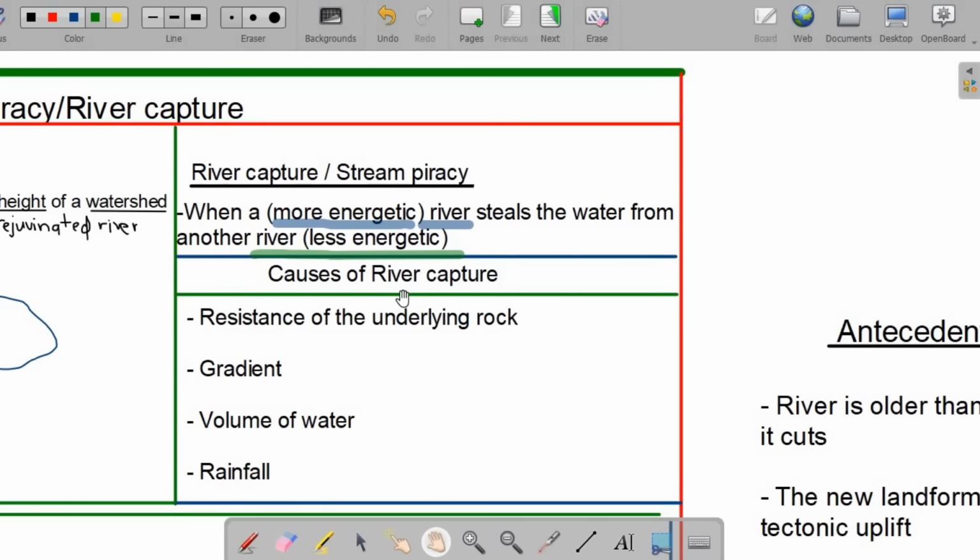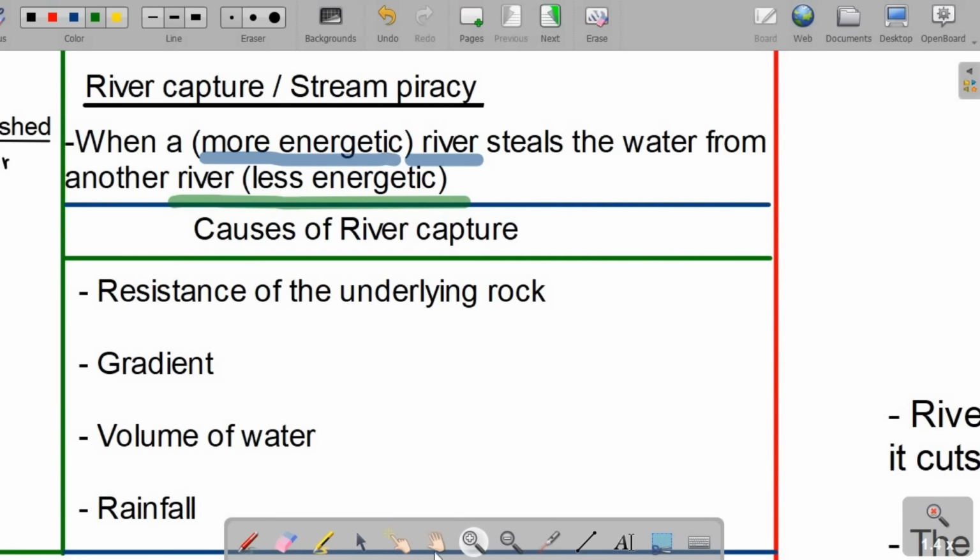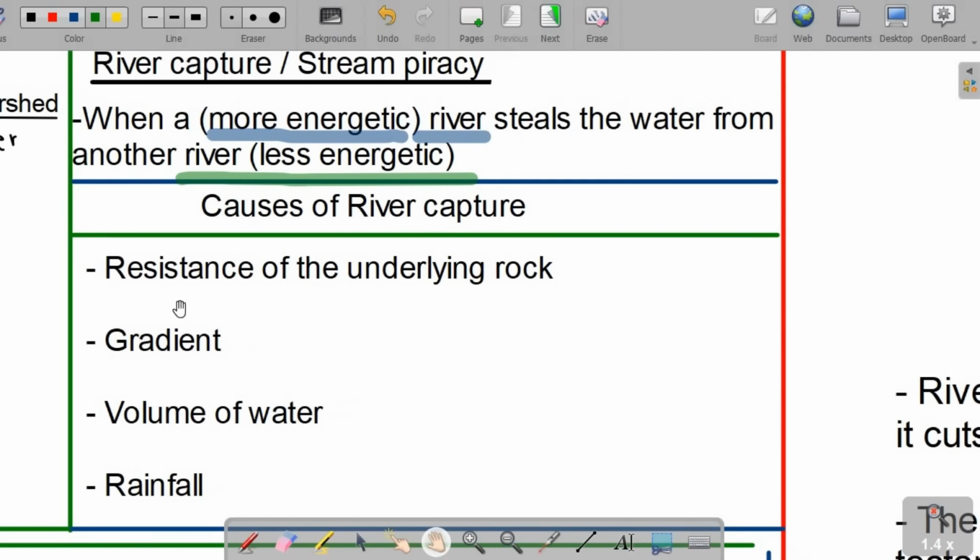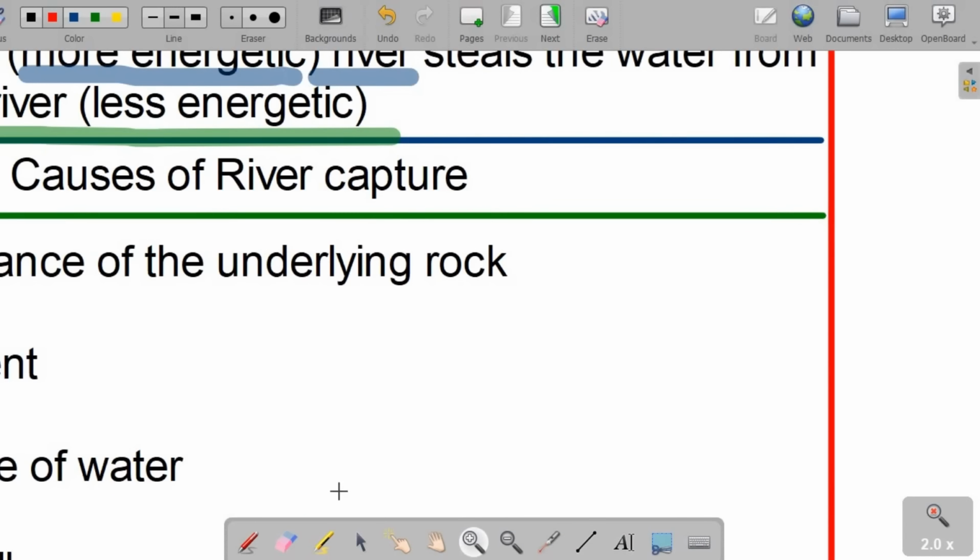And then there are causes of river capture. Okay, so one cause is the resistance of the underlying rock. Well, that is like a vague description there. Let's say you have a watershed, and this watershed has a hard layer, a hard layer on the right hand side and a softer rock on this side. So let's say this is river A and this is river B. Now I think you all agree with me when I say it would be much easier for river B to erode this watershed, right?